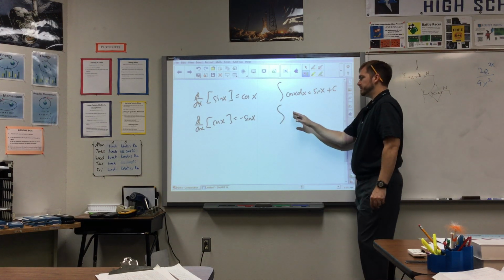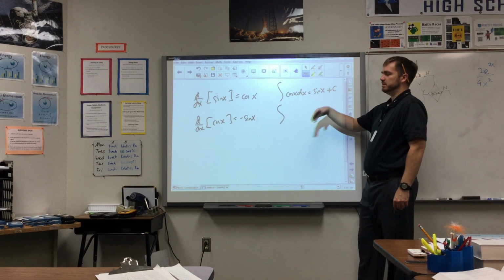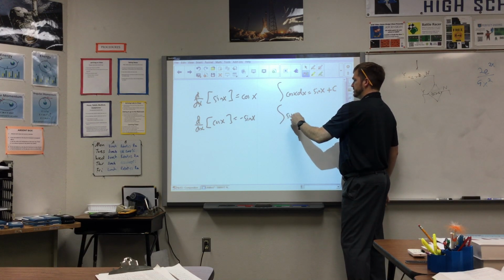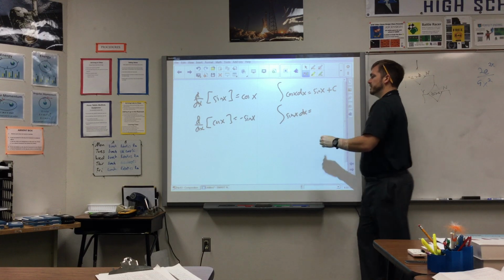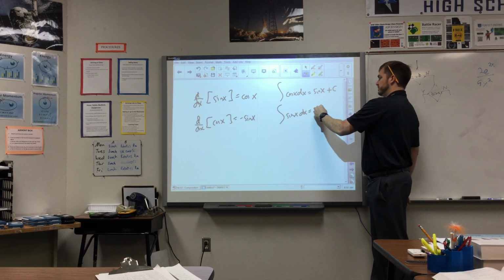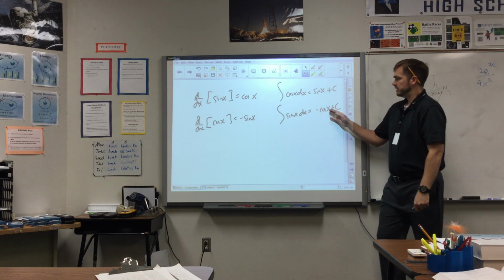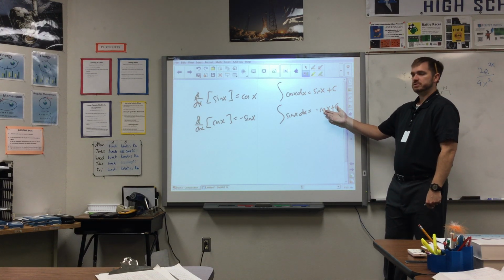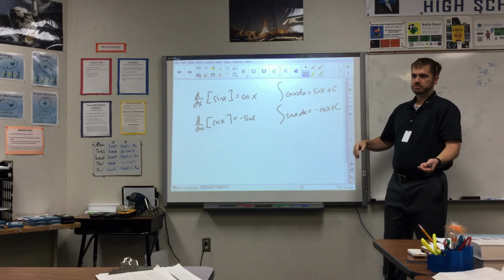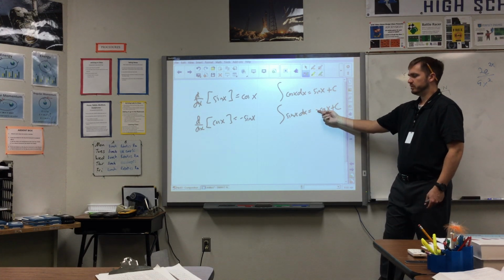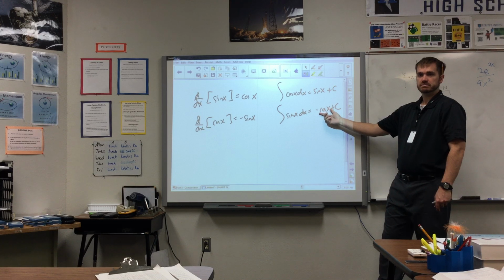So if I wanted to, I could put the antiderivative of negative sine, but nobody ever puts that. They write the antiderivative of sine is equal to negative cosine x. The way you can check that is, what's the derivative of cosine? Negative sine. And so if we've got a positive sine in here, then that must mean that we have a negative out front.